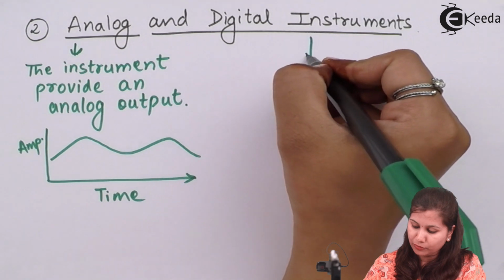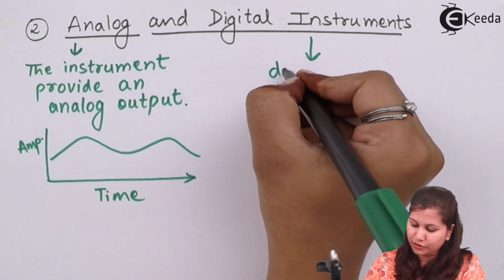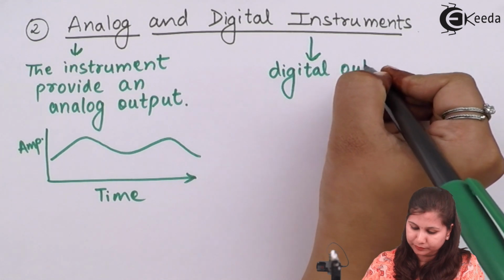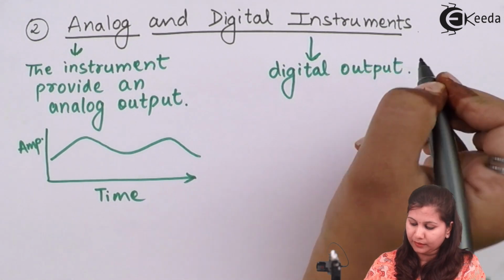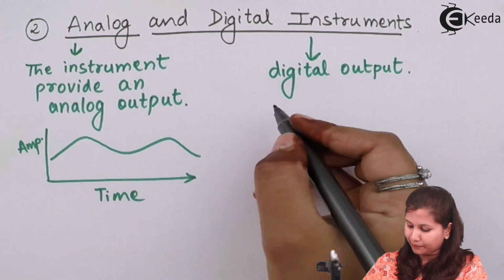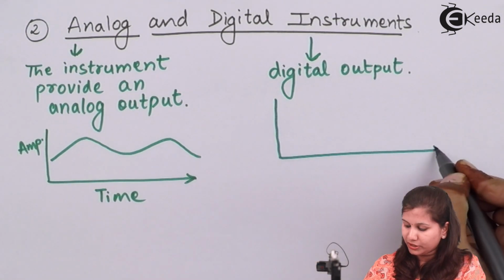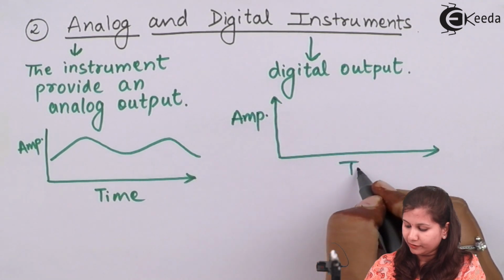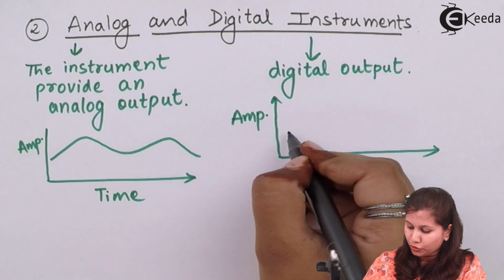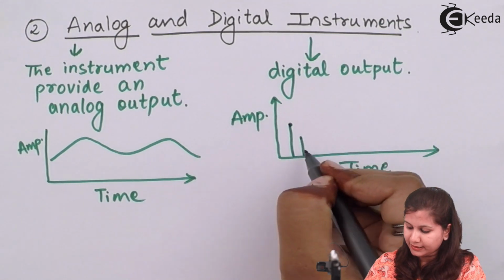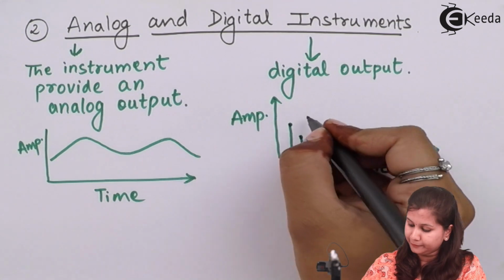Whereas digital instruments give a digital output, which means the output will be in the form of discrete steps. If we draw a digital signal, this will be the amplitude, and again here we will have the time. Suppose at this instant its value is this, at this instant its value is this.